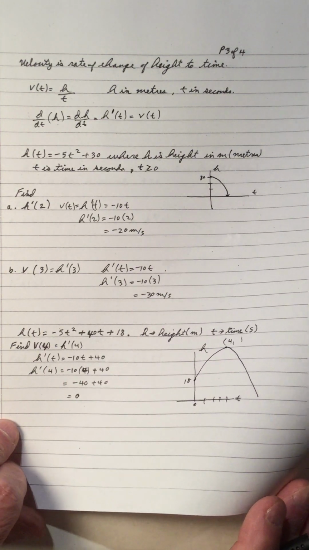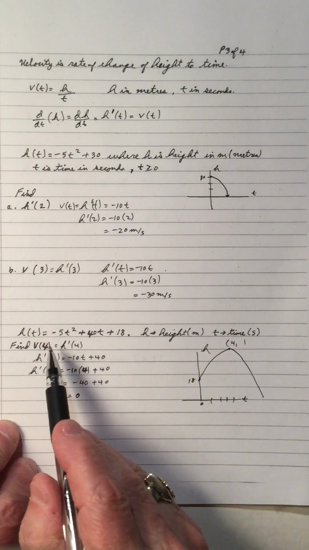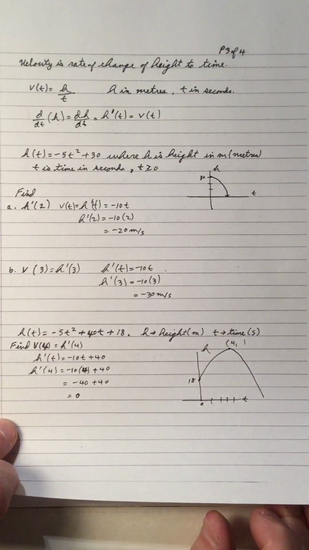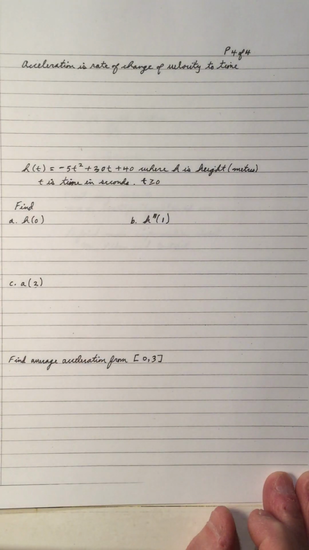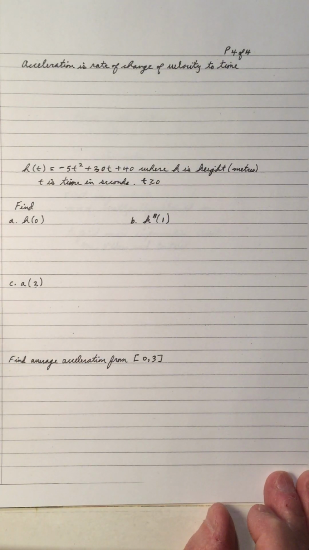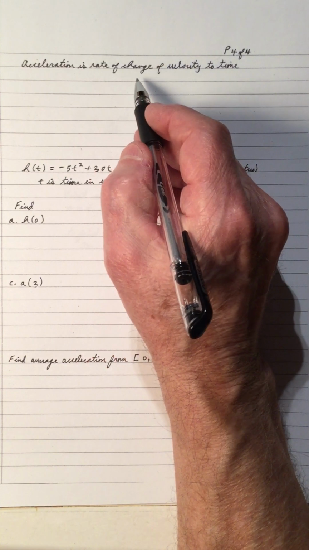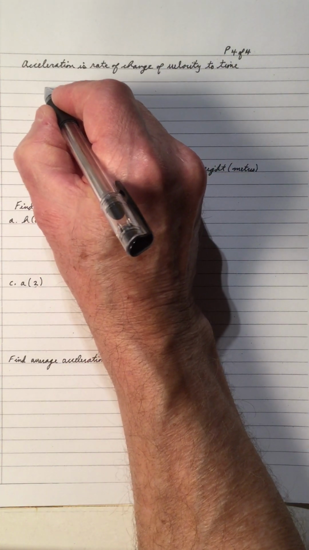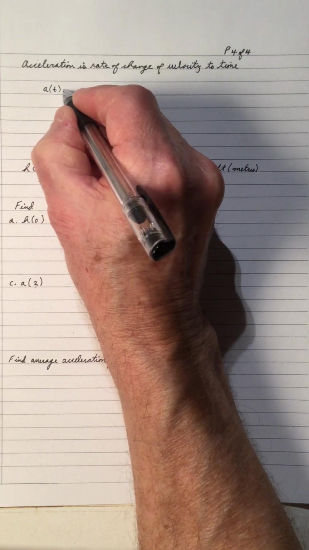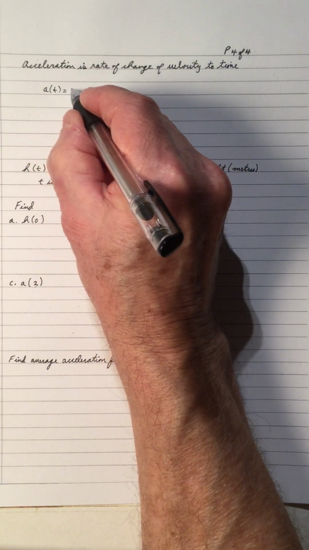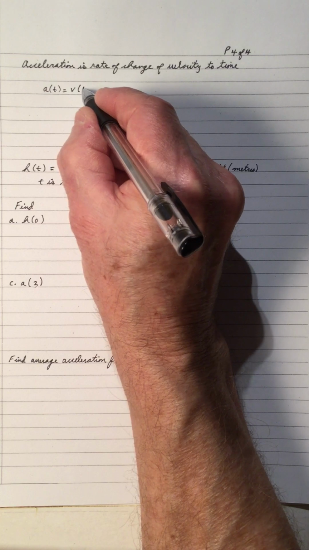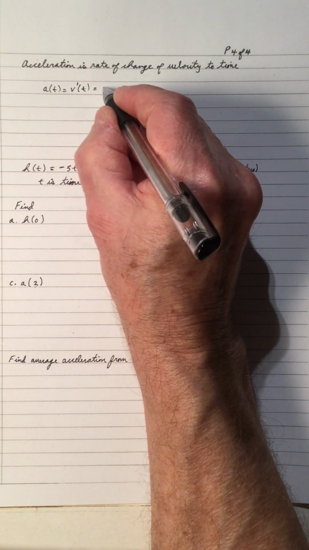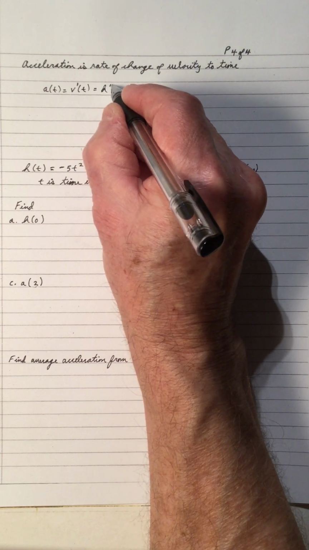Okay, let's continue. And again, the object in the air is moving the same way. Now we have acceleration. Acceleration is the rate of change of the velocity in terms of time. So the acceleration is a of t, and the acceleration is the derivative of the velocity, which is h double prime.